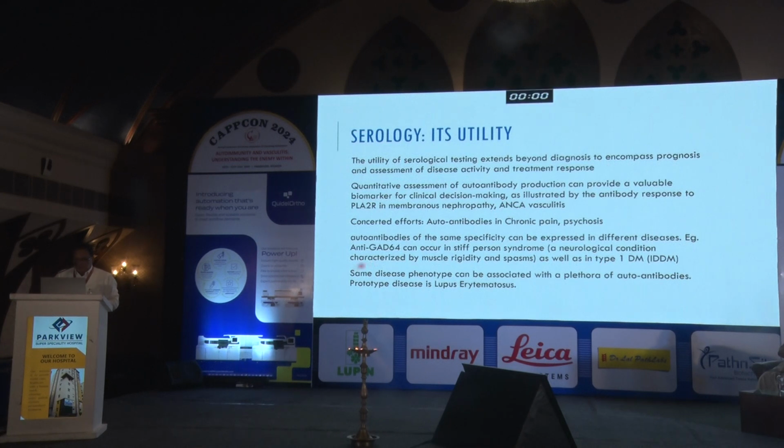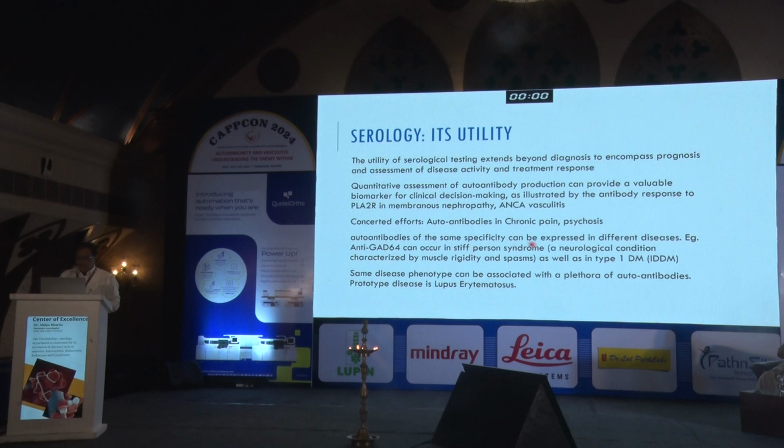There are concerted efforts at finding antibodies, and people have found autoantibodies even in chronic pain and in psychosis. So even psychosis tomorrow may turn out to be an autoimmune disease. We don't know because we are still learning. Some antibodies, like anti-GAD64, can occur in different diseases.